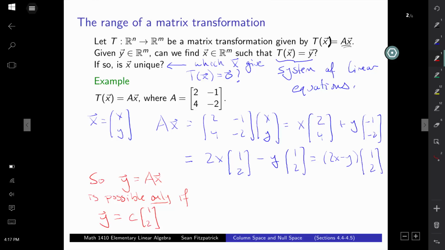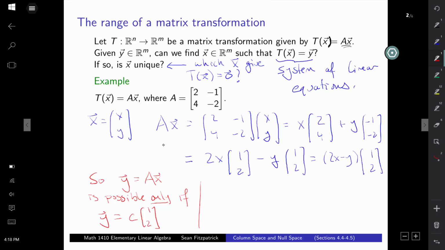So y has to belong to the span of the single vector (1, 2), so the solutions all lie along a single line. That means any vector which is off of that line, not parallel to that line, you're not going to be able to solve. So the answer to whether or not you can solve is, well, no. The other thing you will notice is that this solution is not unique. Once I give you a y, there are actually many possible solutions.